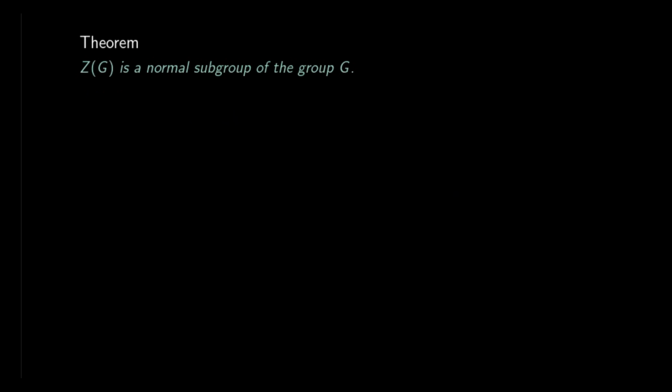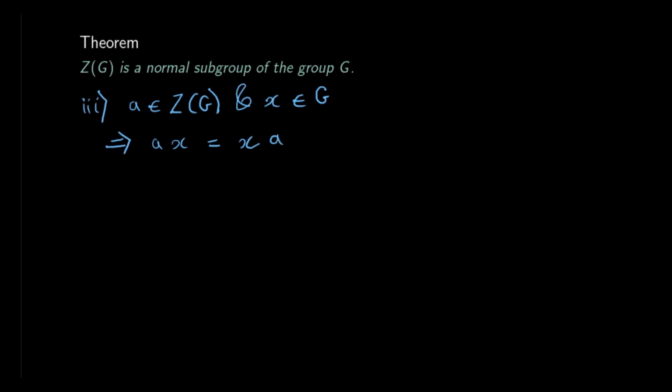Next, we need to show that Z(G) is closed under taking inverses. So let us start with any a inside Z(G) and any x inside G. Here, as a is inside Z(G), we know that ax is the same as xa.